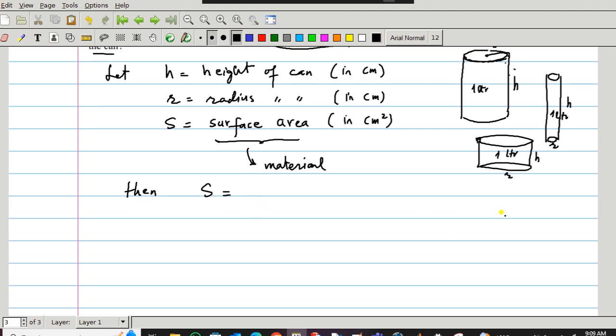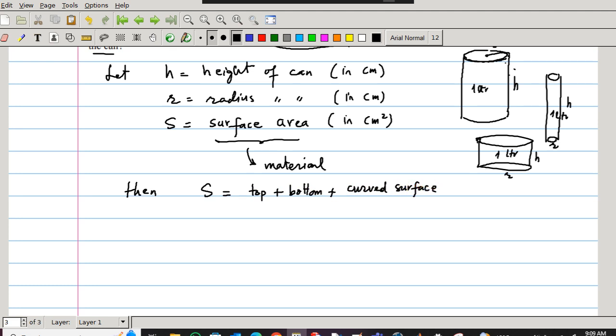The surface area is area of the top plus area of the bottom plus the area of the side, which is the curved surface, right? The curved surface.